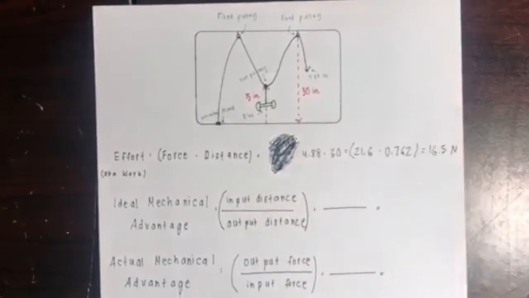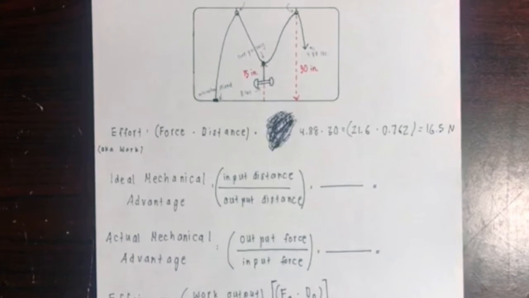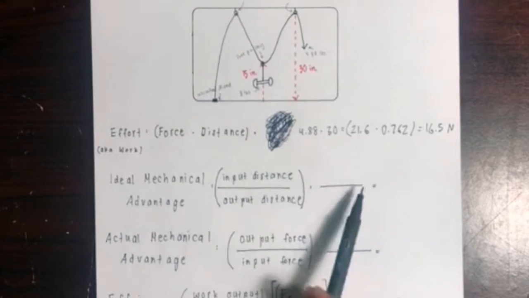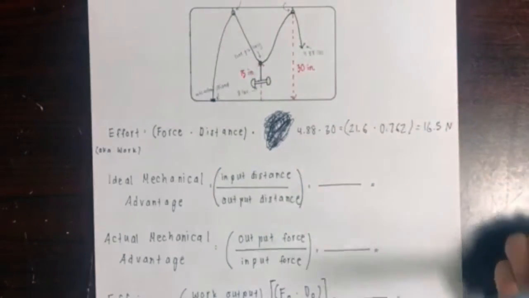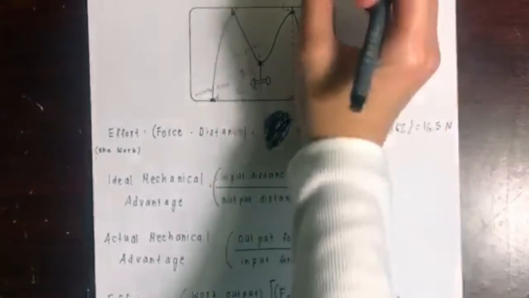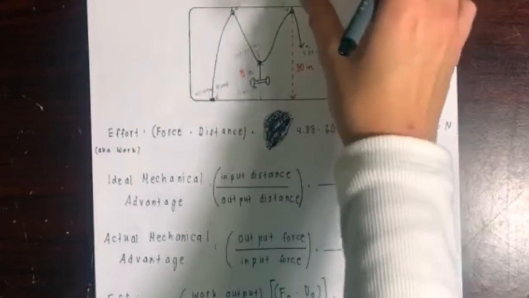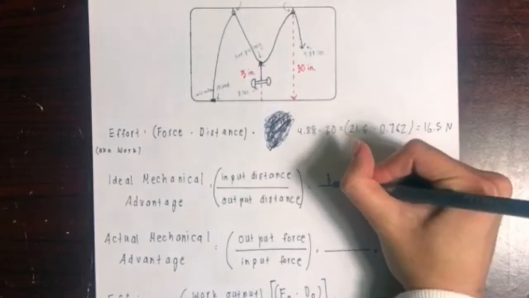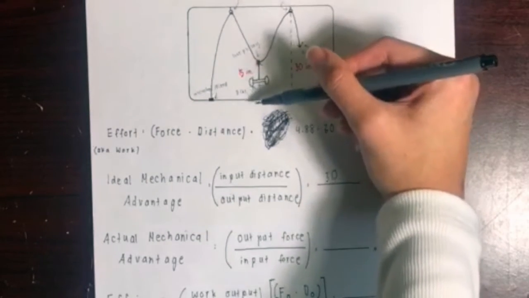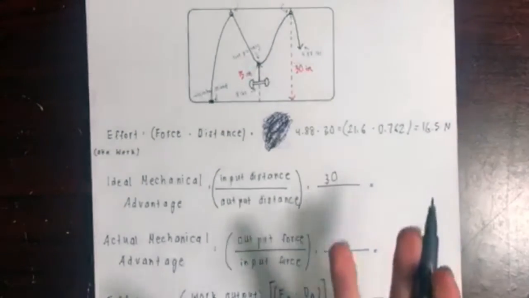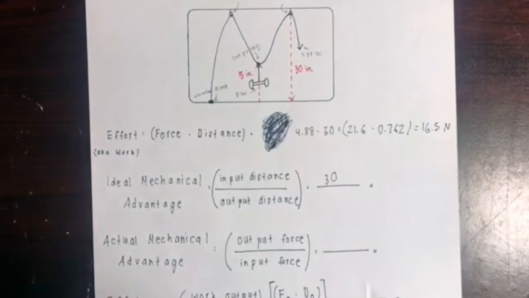Another way to show the ideal mechanical advantage of the system is a formula. It's basically the input distance over the output distance. We know when we measured the input distance, which is the distance that we had to put in, was 30 inches, over the output distance, which was 15 inches, the distance that the object we were trying to move was lifted up.